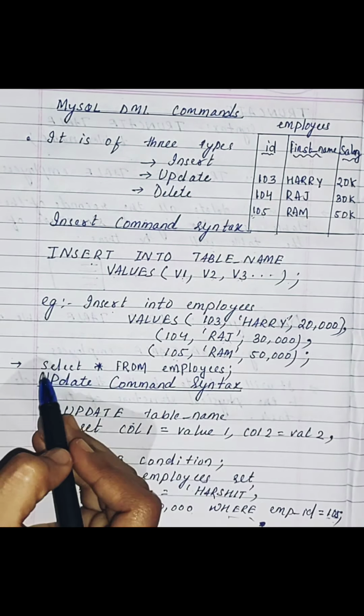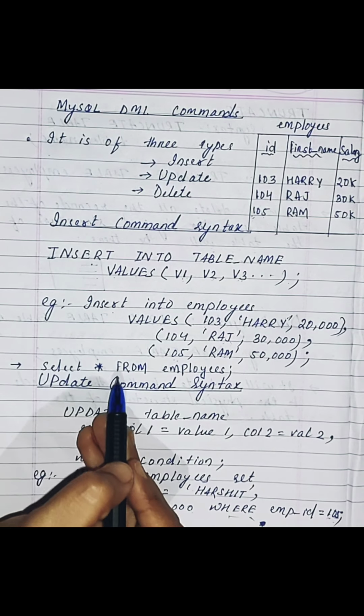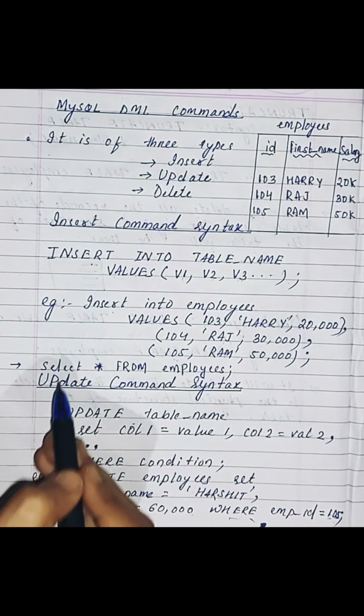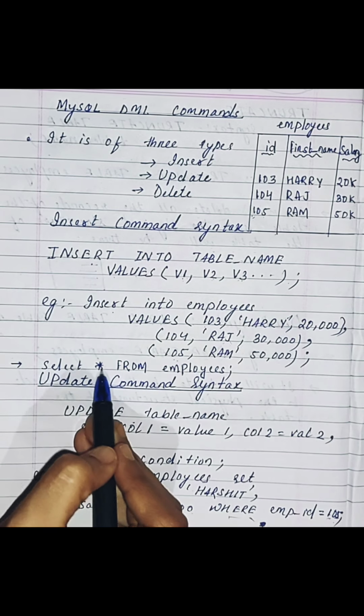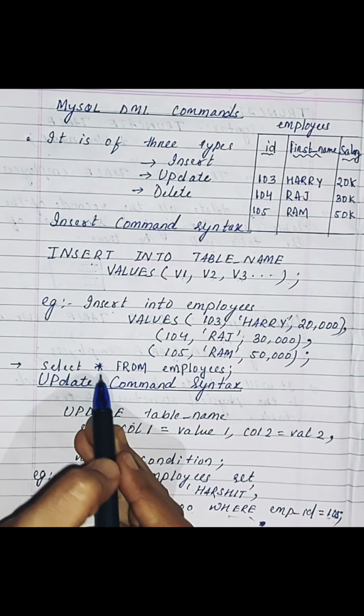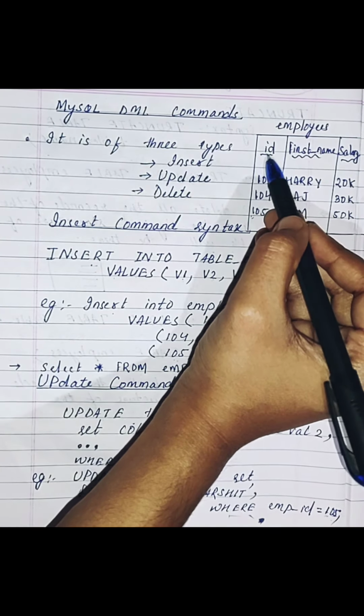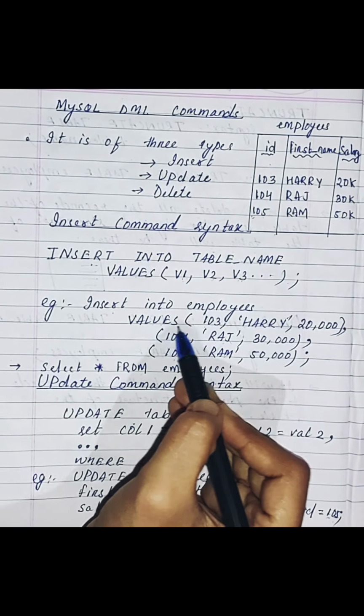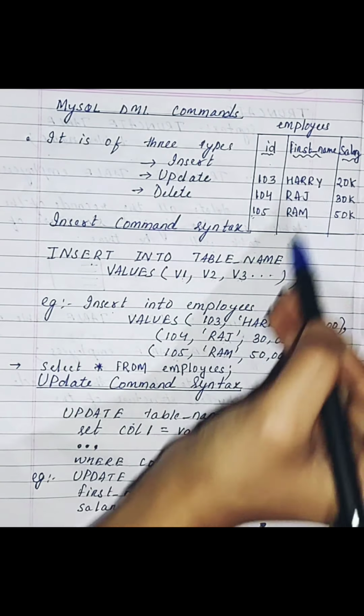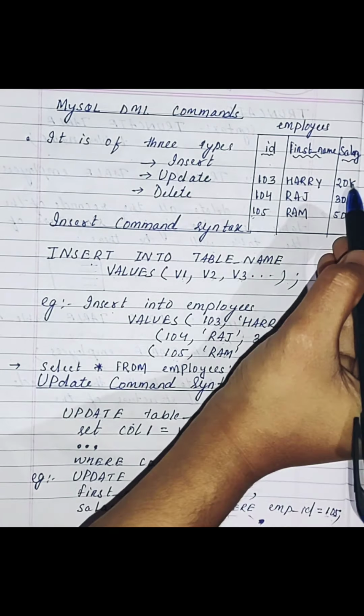Now if I want to view what is there in the table after inserting the values, I will simply write SELECT * FROM employees. Asterisk means display all the records of the table including all the columns. So this will be displayed in the id, first name and salary columns. In the first row, id 103, first name Harry, and the salary is 20,000.